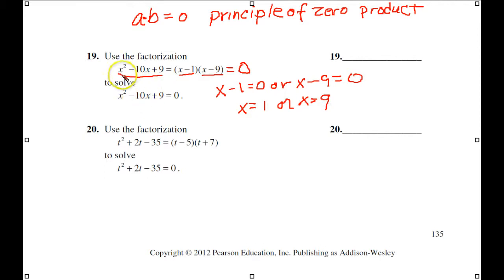We have solved this quadratic equation by factoring. And that's where we're going with the factoring.